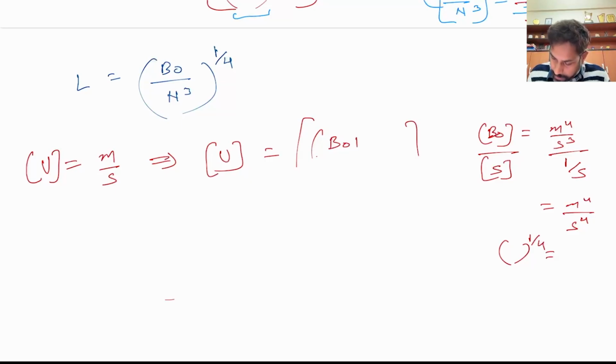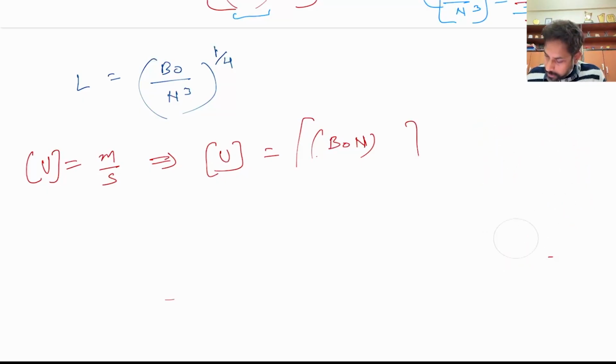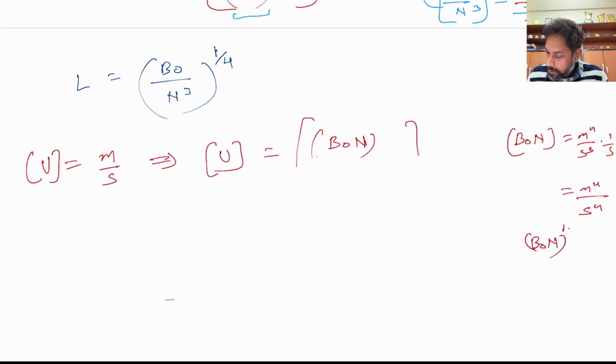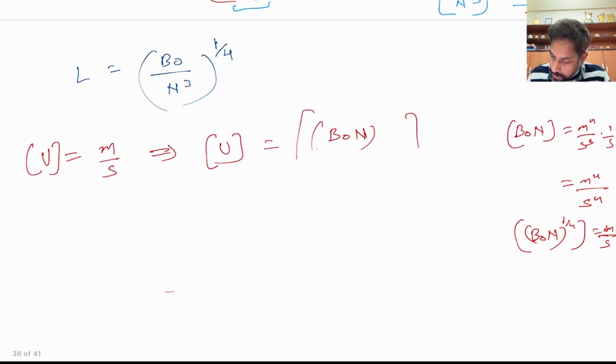B naught n gives us m to the power 4 s cube over s, so that becomes m to the power 4 s to the power 4, and then b naught n to the power 1 by 4 will give us meter per second, and that is why we need to put 1 by 4 here.